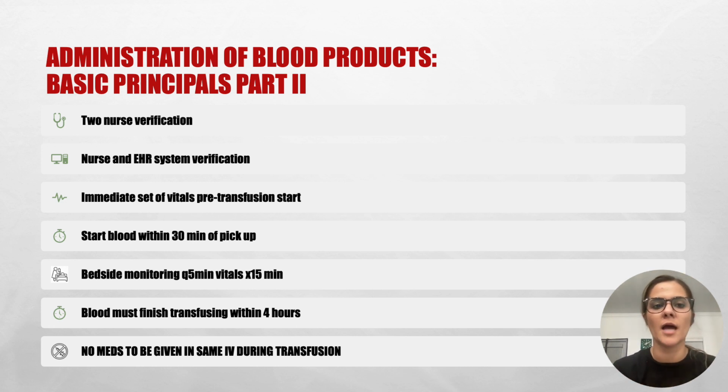An immediate set of vital signs right before you start the transfusion is very important. And then starting your blood within 30 minutes of pickup, that is critical. You should not start any blood transfusions after that 30-minute window. That is a standard across the board. Bedside monitoring for the first 15 minutes is very essential. The nurse must remain with the patient that entire time.